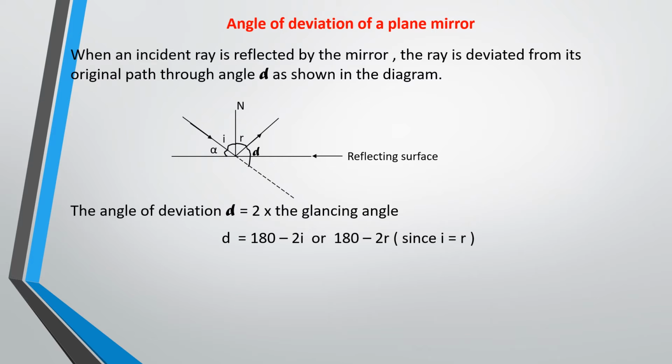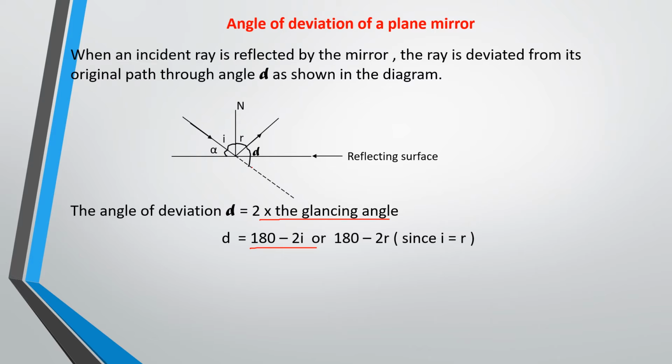From mathematical calculation, this angle of deviation is equal to 2 times the glancing angle, and that is equal to 180 minus 2 times the incident angle, or 180 degrees minus 2 times the reflected angle.